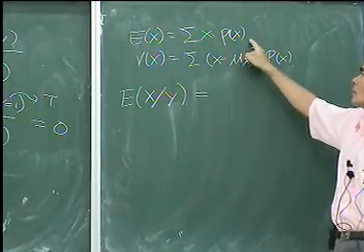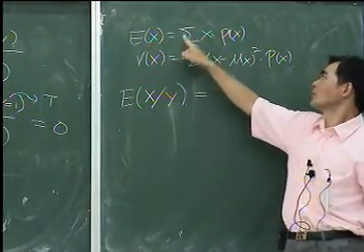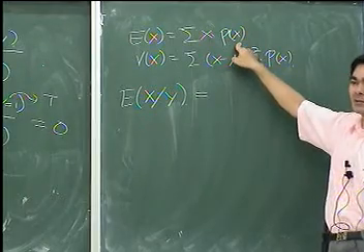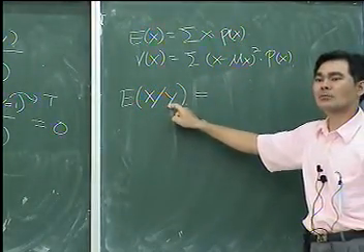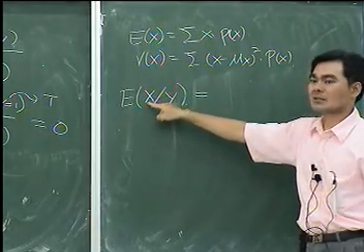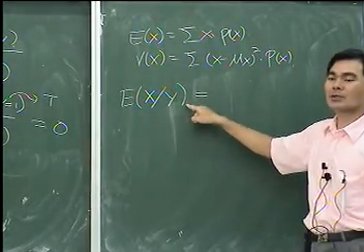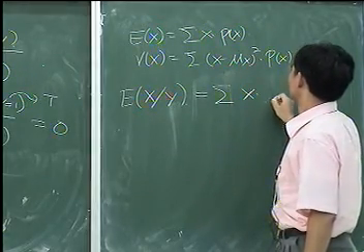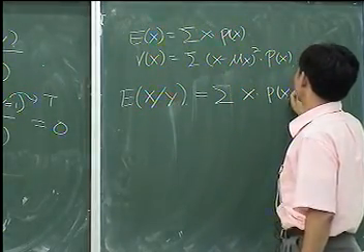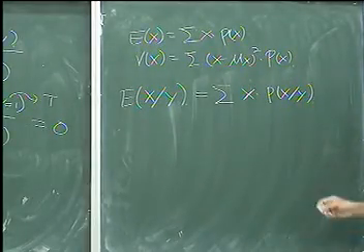So when we calculate mean, we have x times px. But now we are going to calculate the conditional mean, the mean of x given y happen. So what should be the probability we use? We should use summation x times p of x given y. And what is this?